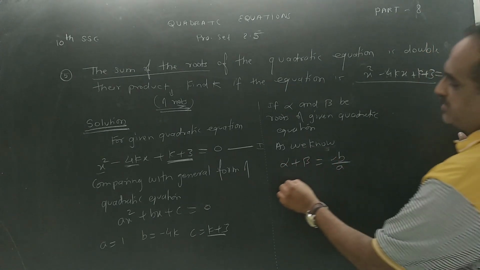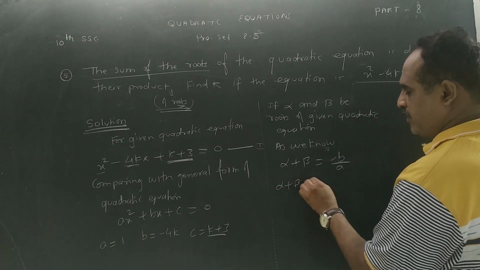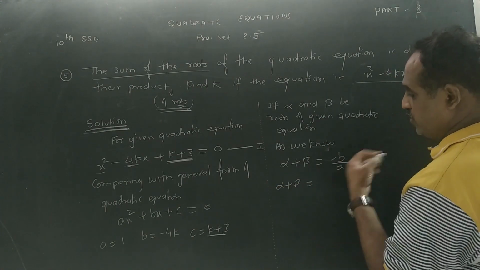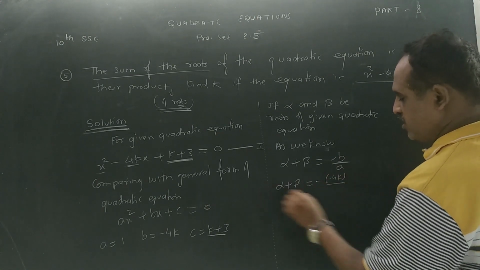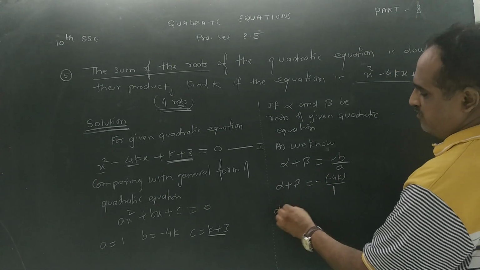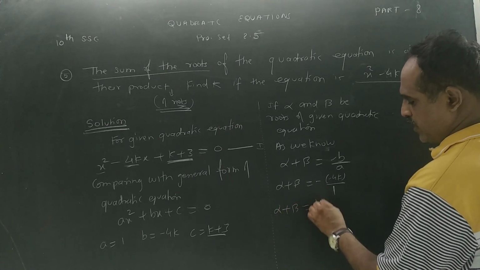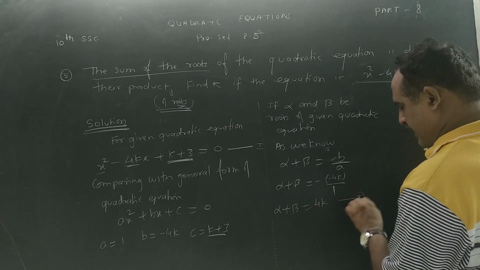So what is alpha plus beta? Alpha plus beta is equal to minus b, meaning minus 4k, and value of a is 1. So alpha plus beta is equal to 4k. I will take it as equation 1.